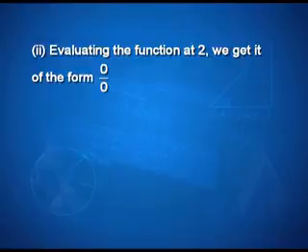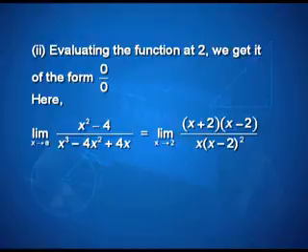Now, for the second part, evaluating the function at 2, we get it of the form 0 upon 0. Here, limit of x square minus 4 upon x cube minus 4x square plus 4x as x tends to 2 can be rewritten as limit of x plus 2 into x minus 2, using the formula a square minus b square is equal to a plus b into a minus b, upon x into x minus 2 whole square.